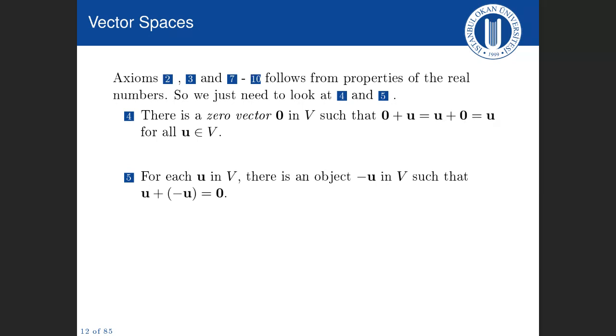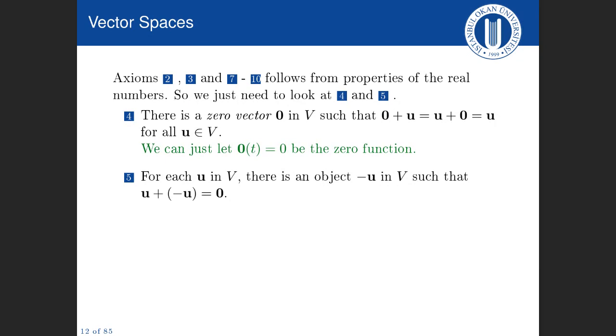So what do we do for a zero vector or a zero polynomial? We'll just let our zero vector, our zero polynomial, be the zero function. Does that work? A polynomial plus the zero function, we still have the polynomial we started with.